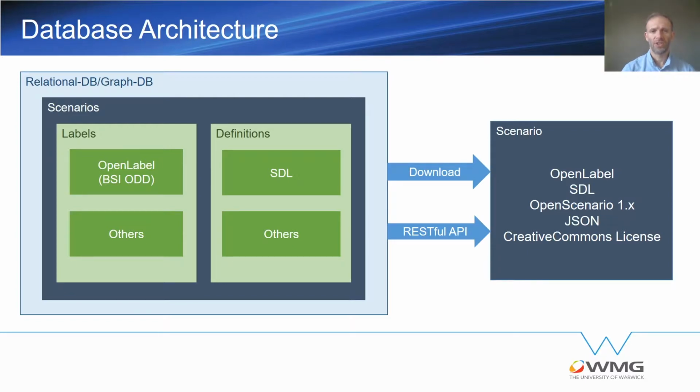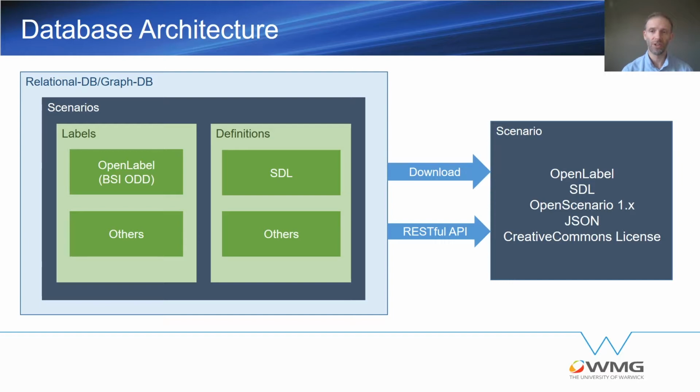So to facilitate scenario sharing and compatibility with existing tooling and systems, scenarios can be downloaded from the database or accessed via the API and retrieved in the SDL format and Open Scenario 1.x formats.